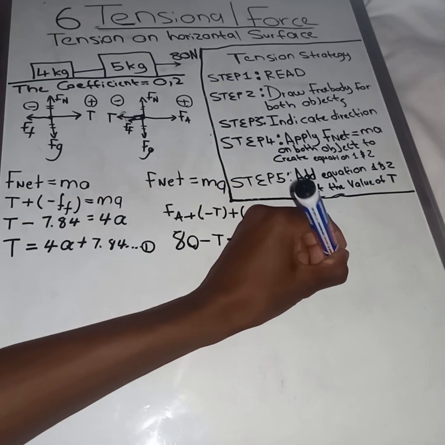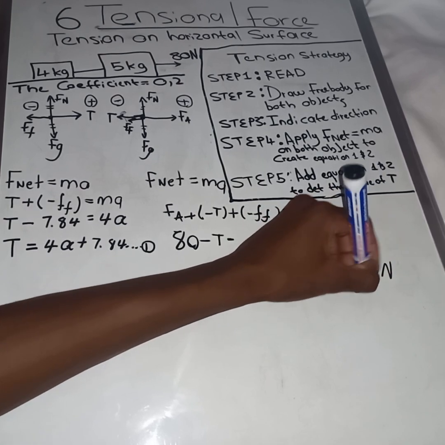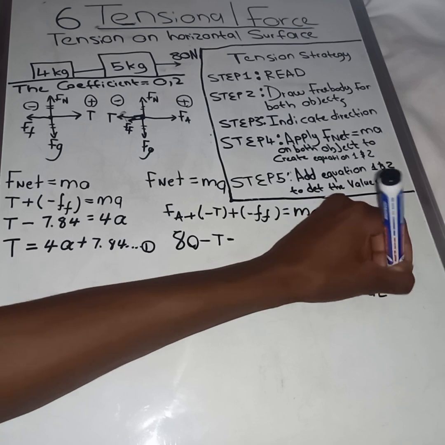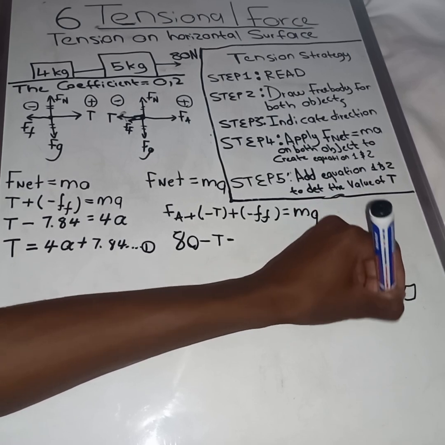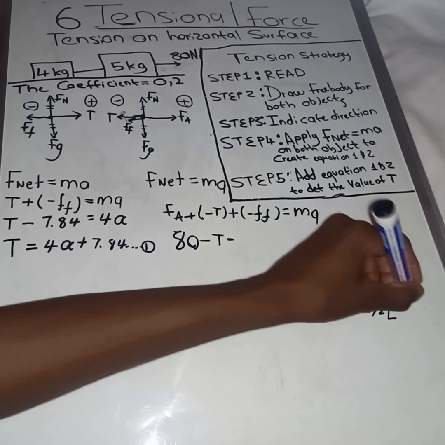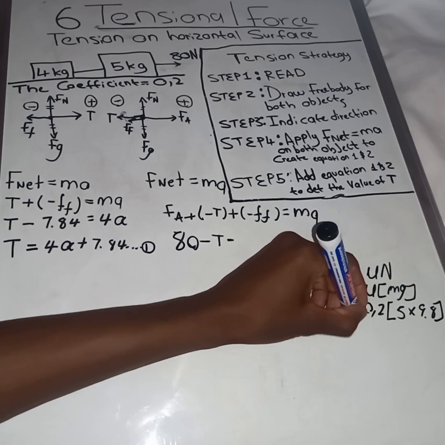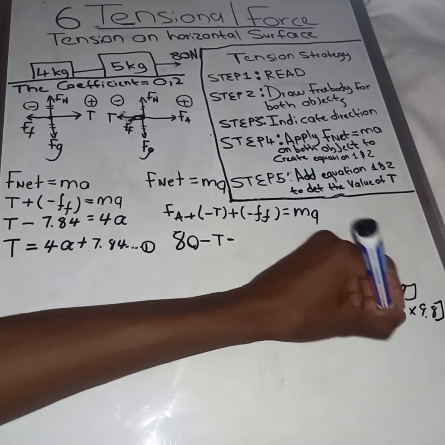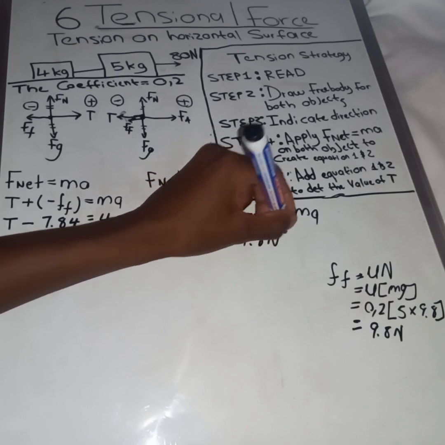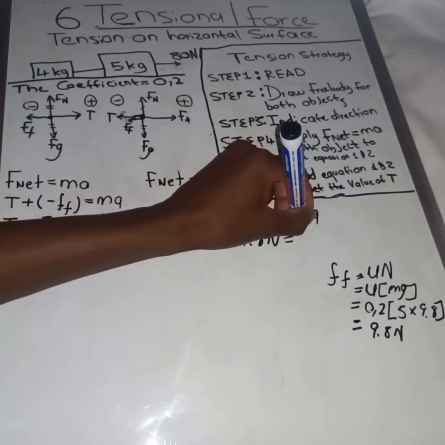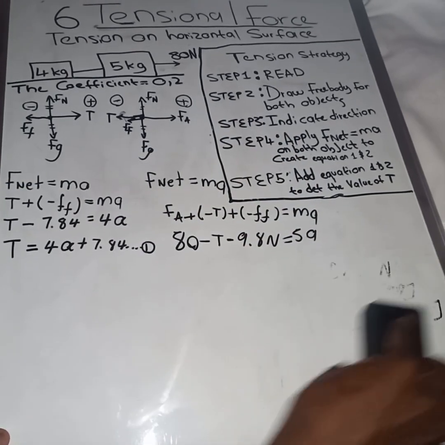We have to calculate the value of friction. So frictional force equals coefficient times normal. 9.8 Newton. 5a.